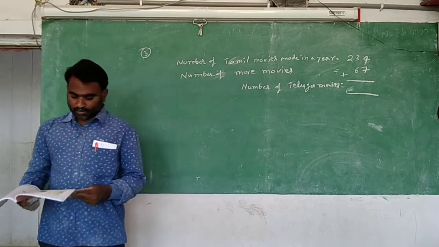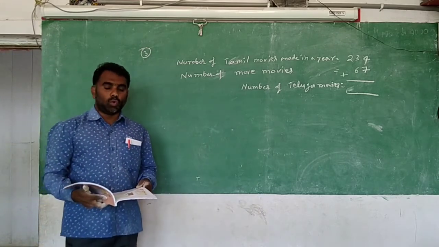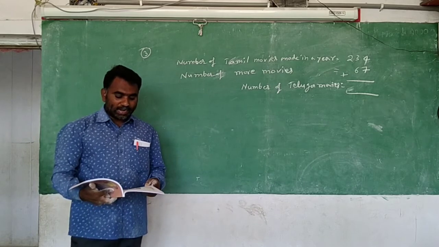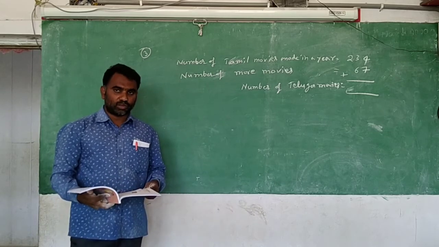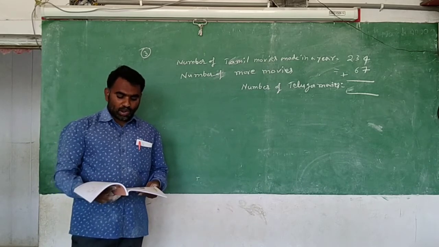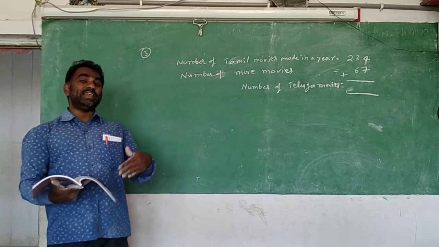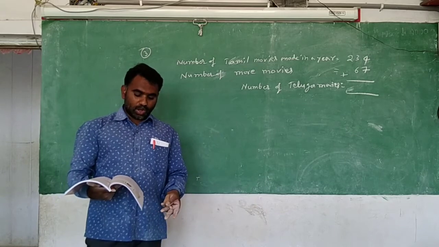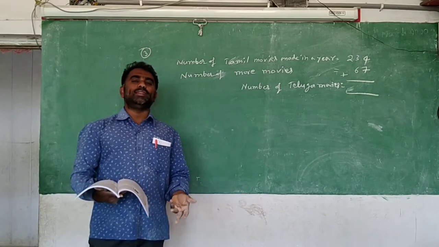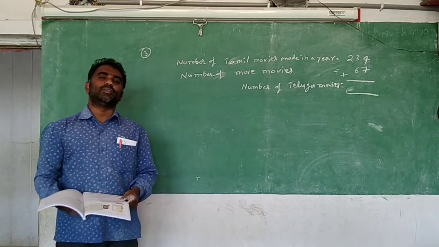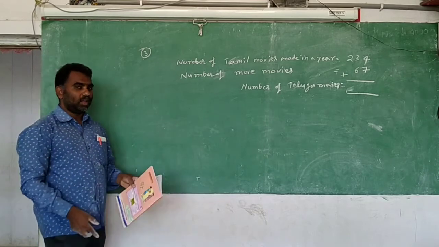See the fourth one. Tendulkar scored 184 runs in a match and Yuvraj Singh scored 48 runs less than him. So how many runs Yuvraj Singh scored in the match? So same like this one here.